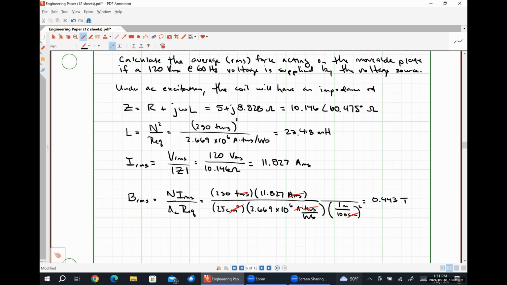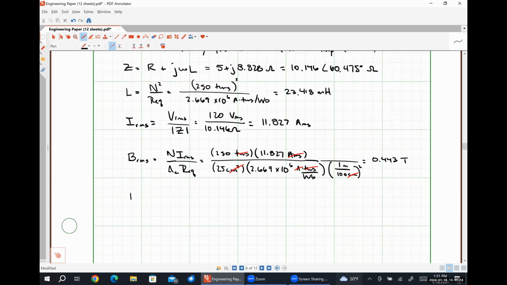Because we are using an AC system and our coil now has some reactance, we see that our magnetic flux density has gone down by a little over a half, which makes sense because our current went down by a little over a half. Using this, the RMS force, which is just going to be the average force on our moving plate, is going to be the RMS value of our flux density squared over twice mu naught times our gap area.